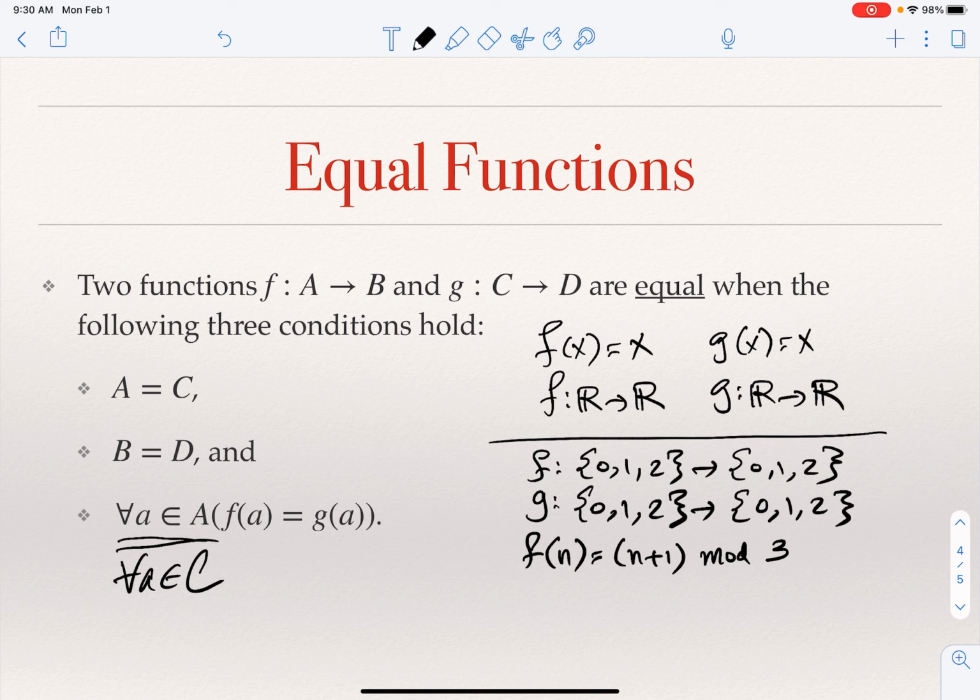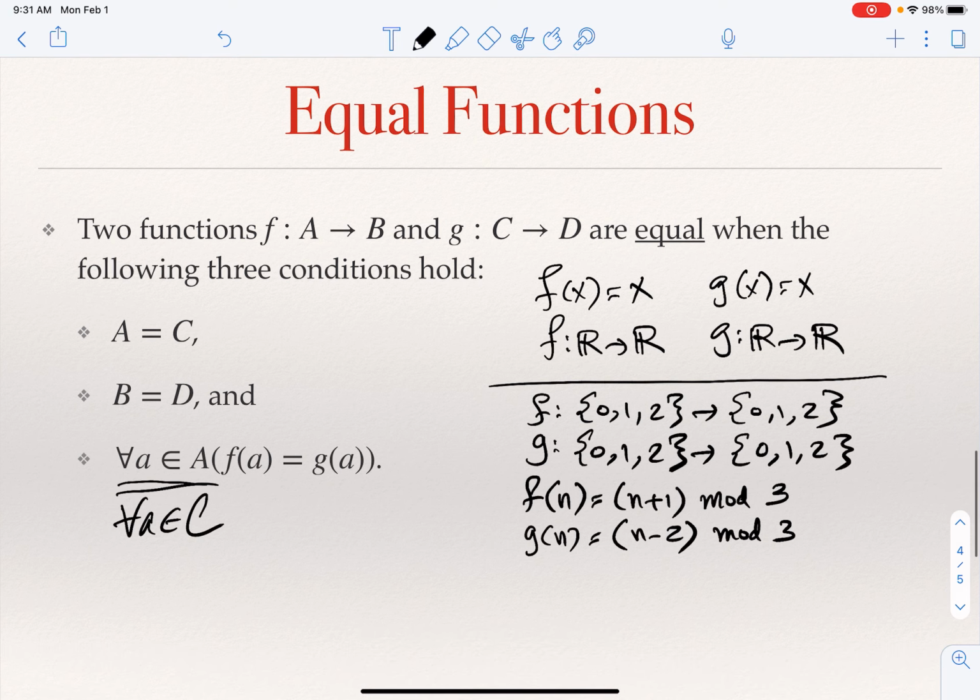What does this mean? For f of n, you map the element n to n plus 1, take n plus 1 divided by 3, and take the remainder. That's what we assign f of n to, or n to, sorry. And let's define g of n to be (n minus 2) mod 3. So take n, subtract 2 from it, divide by 3, and take the remainder.